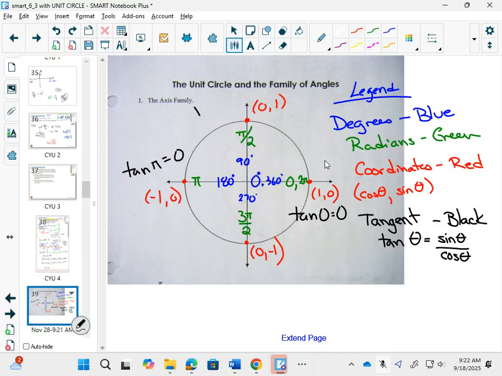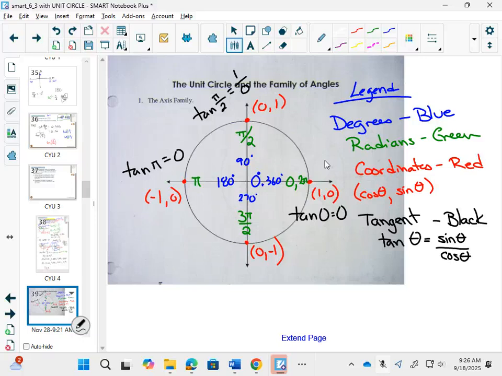But when I go up here to tangent of pi over 2, now it's sine over cos, which would be 1 over 0. If I write that out, 1 over 0, I have a problem. I have a problem because are you allowed to divide by 0? No. I have a picture of someone who tried to do it, and their whole house imploded over here on the wall.